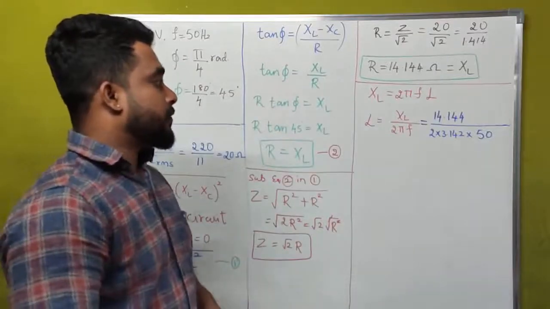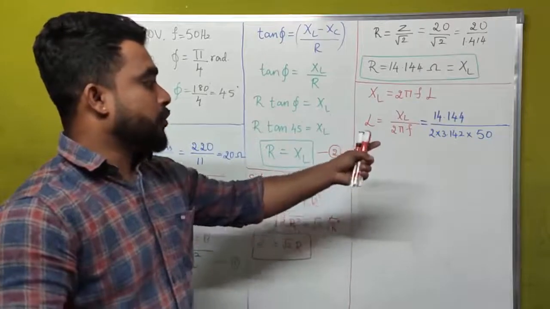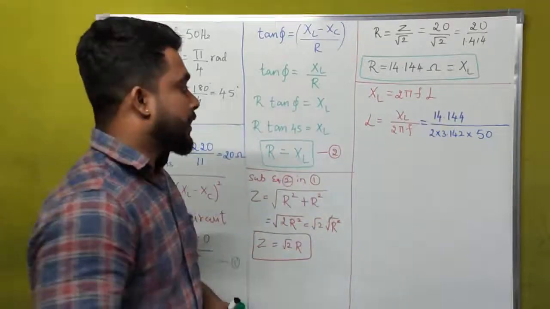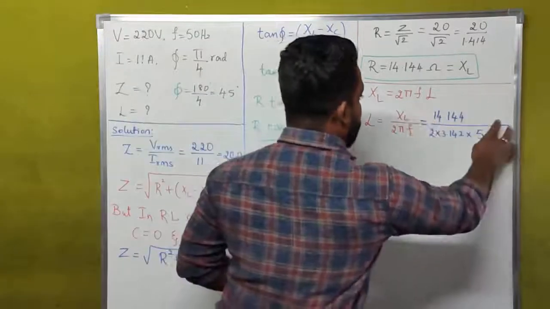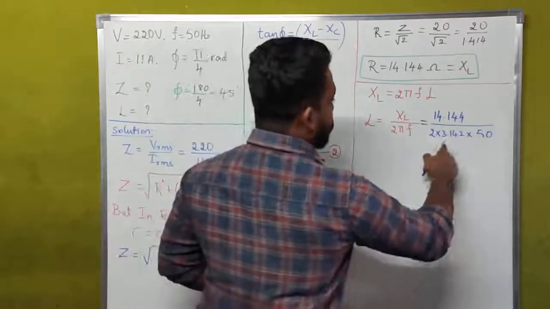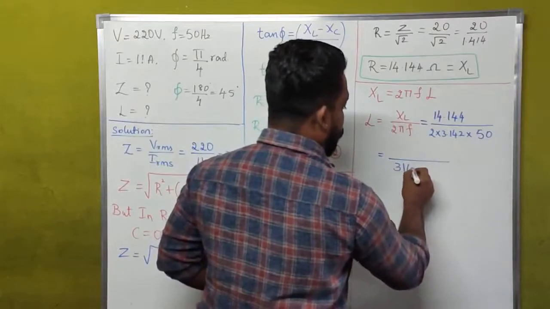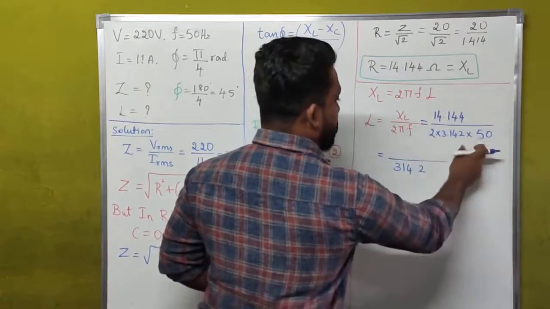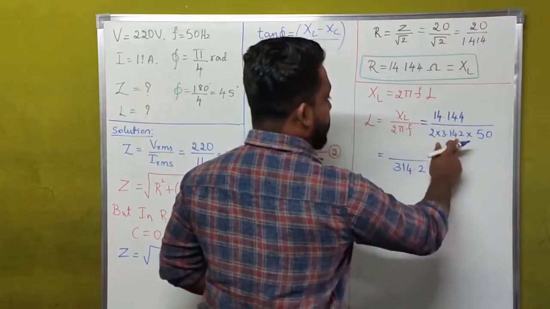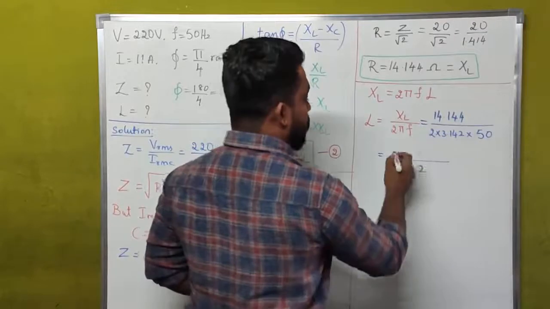Now the value of inductive reactance is 14.144, divided by 2 into 3.142 into 50. If we simplify, 50 into 2 is equal to 100. 100 into 3.142 is equal to 314.2.